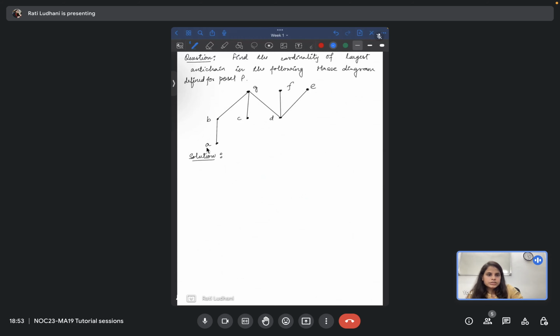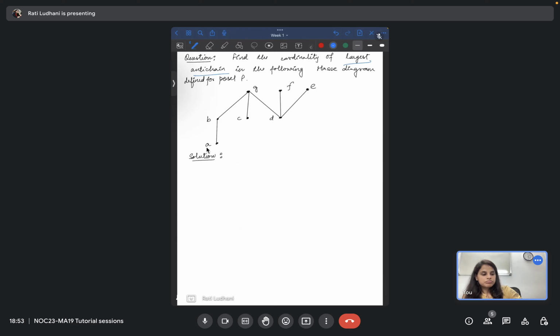Many questions are related to Hasse diagrams, because it is very nice in the sense that you can relate graph theory to it and visualize it. Otherwise these are just abstract conditions, relations you have. So it is better to always have a picture. So find the cardinality of the largest anti-chain.